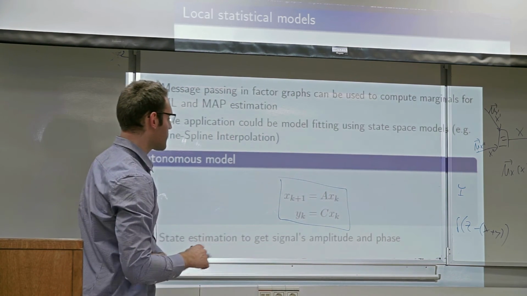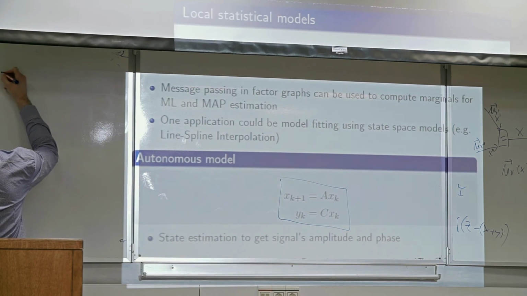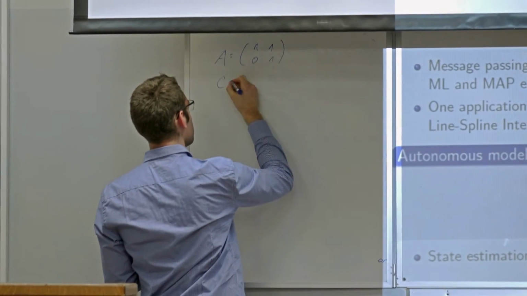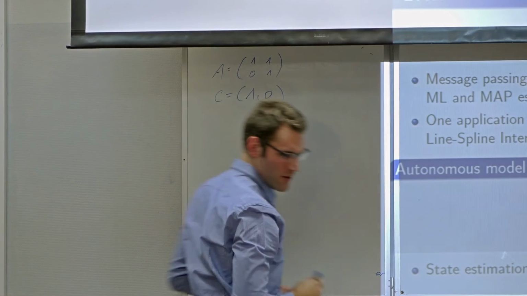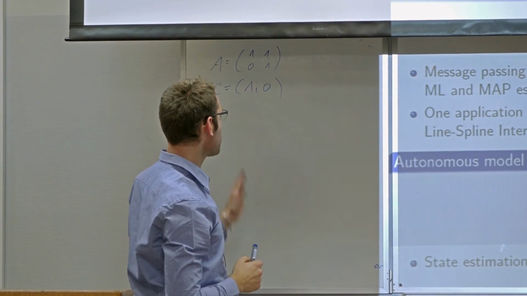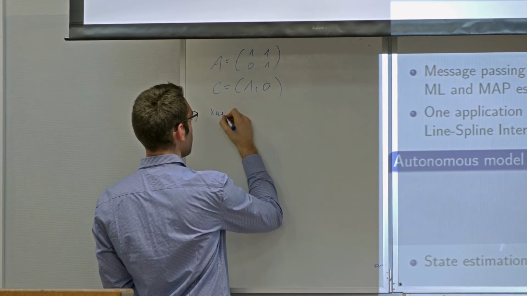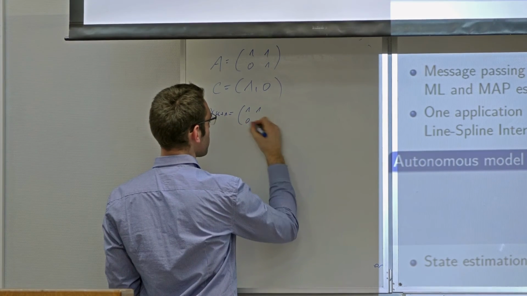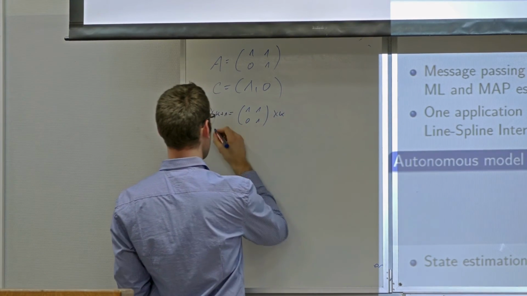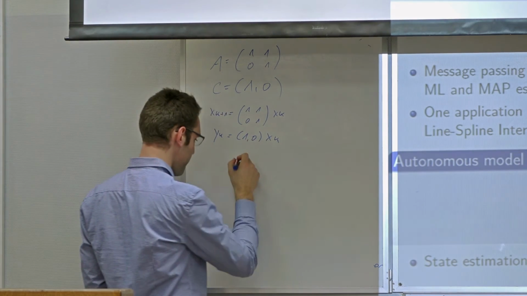It means the state space model is quite versatile. So for instance, if we took an A matrix to be [[1, 1], [0, 1]] and a C matrix to be [1, 0], then x_{k+1} is [[1, 1], [0, 1]] x_k. So x is a two-dimensional state, x_k, and y_k is just [1, 0] x_k.